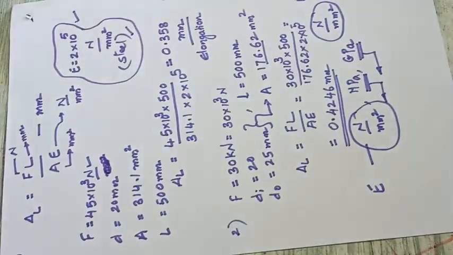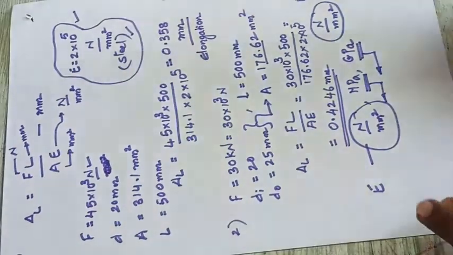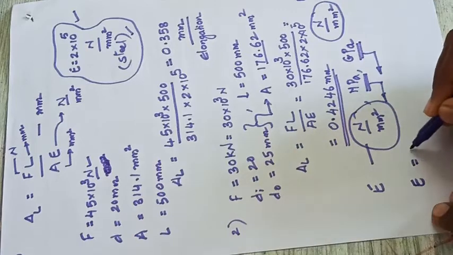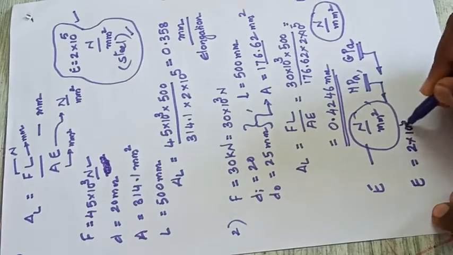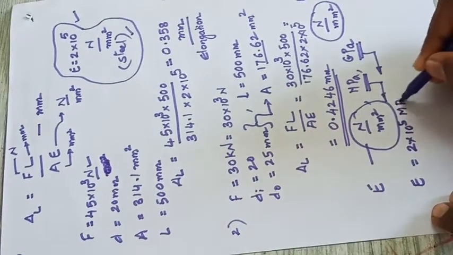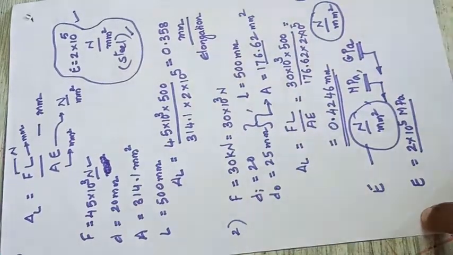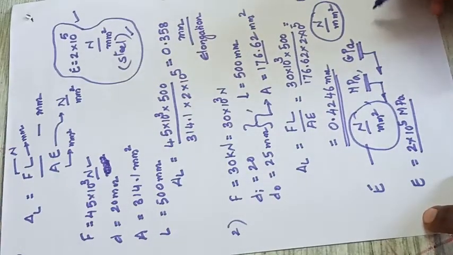Let us take the case where Young's modulus is given as 2 into 10 raised to 5 MPa. If it is given as MPa, how do we convert that into Newton per mm square? 1 MPa is equal to, so I will convert that.